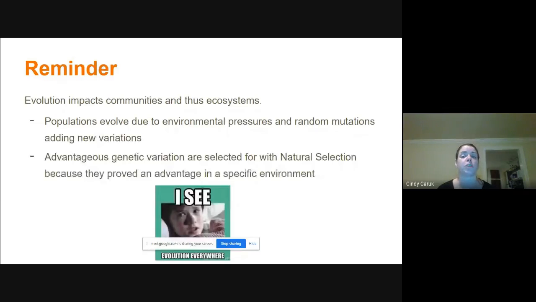So you have that environmental pressure, and that's going to determine whether that mutation is going to become an adaptation, that new variation, or if it's a disadvantage and it's going to end up not being represented in that population. So if it is an adaptation, an advantageous genetic variation, that's what's going to be selected for by natural selection, okay? And it's for that environment.